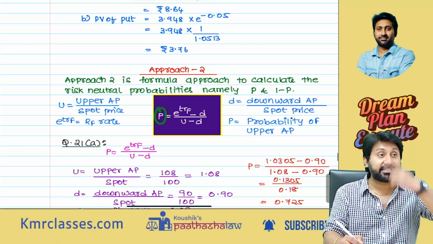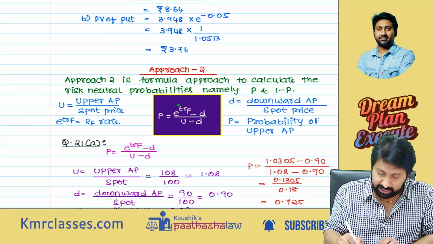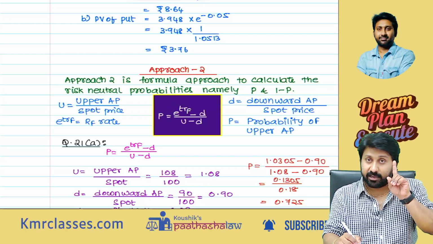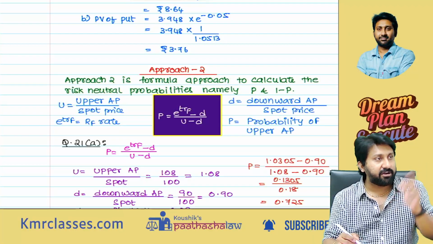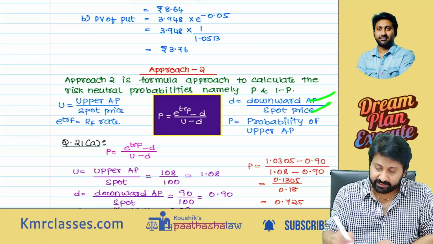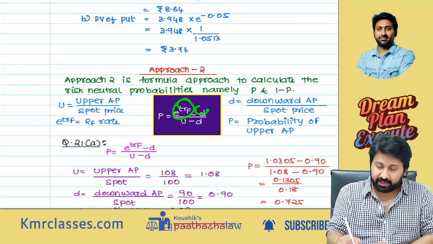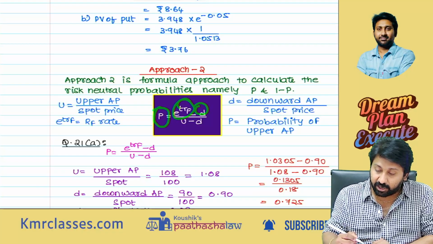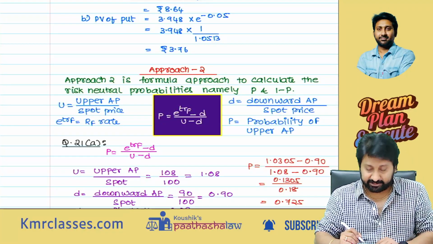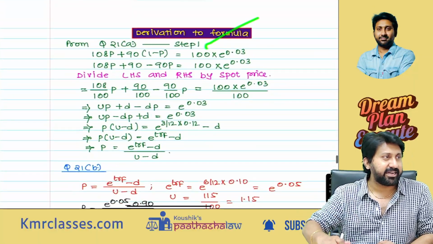Probability of the upward share price or highest price is e power TRF, if given in exponential value; if given in normal value, take it normally, minus D, the downward actual price by spot price, over U, the upward actual price by spot price. This is the probability of the highest actual price. Derivation is also given, you can see it later.